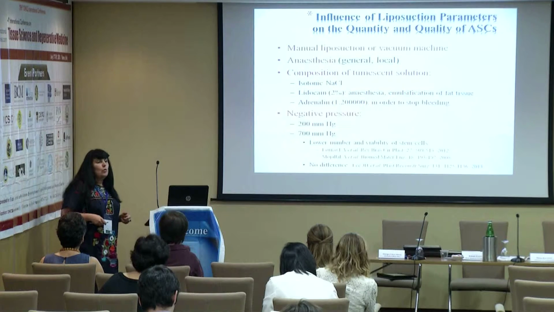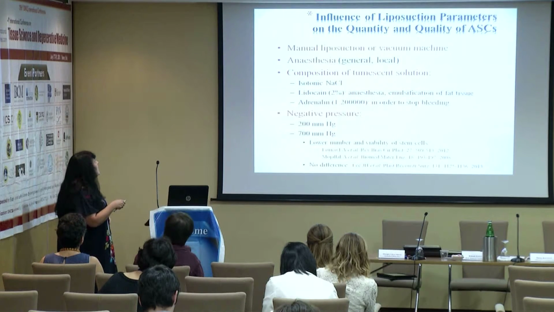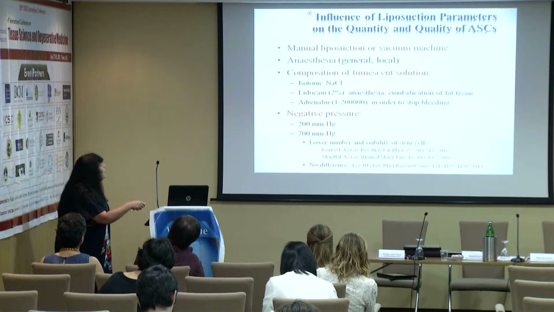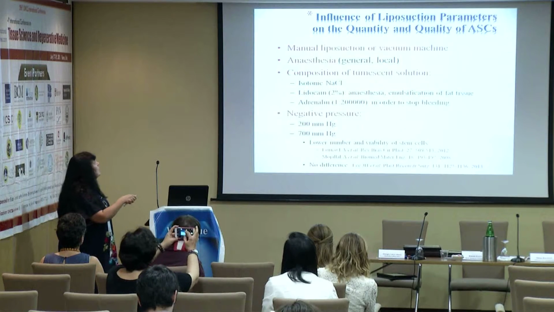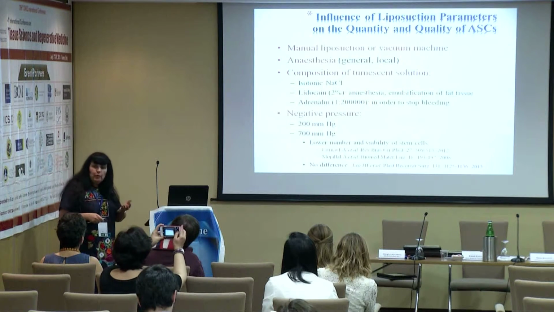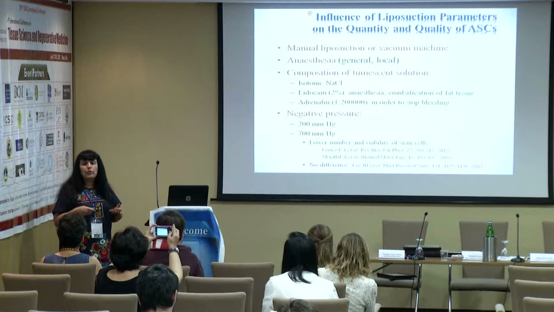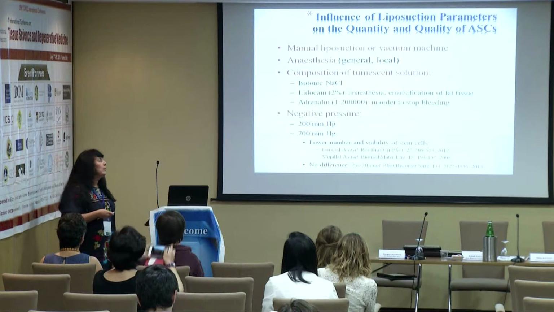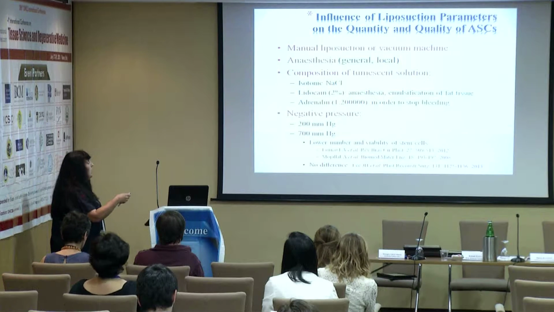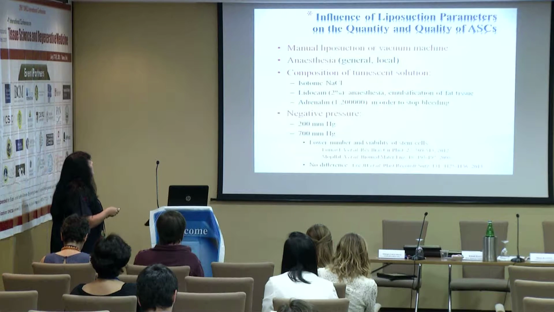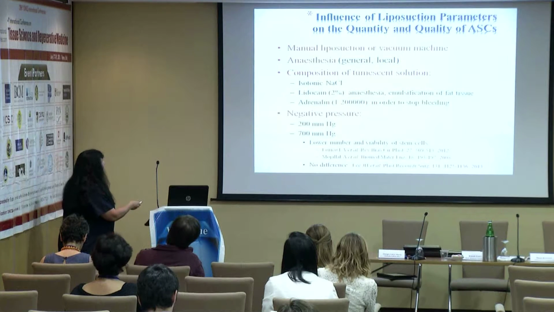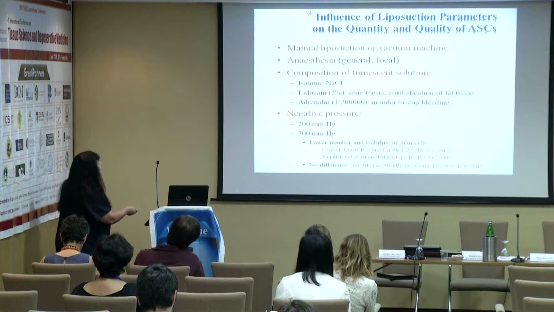But we also investigated the influence of liposuction parameters, which can influence the quantity, quality, adhesion, growth, and differentiation of stem cells. For example, it is important if the liposuction is manual or by vacuum machine.